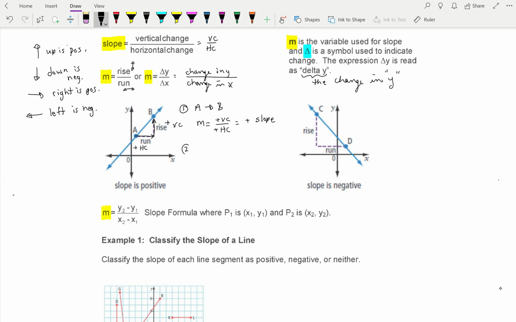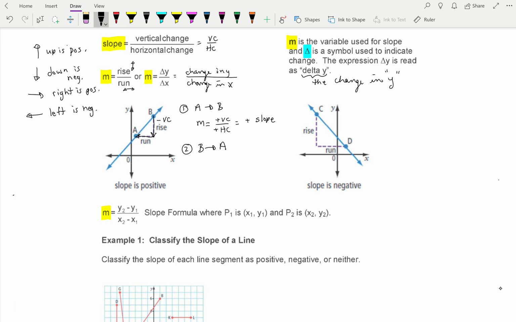Okay, well, let's say we move from point B to point A. Okay, so I'm going to erase this. This time we're going to start at point B, and we're going to go down, follow the dotted line, go down, and then go to the left to point A. Going from point B down, that means we are having a negative direction and it's vertical change.